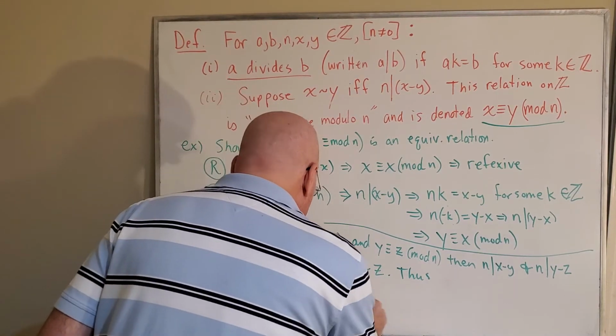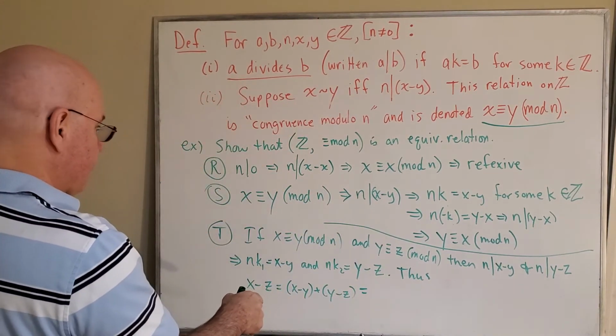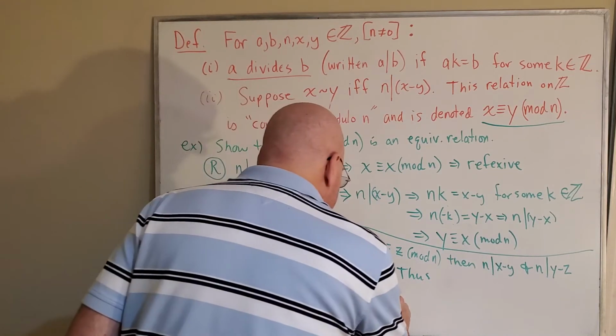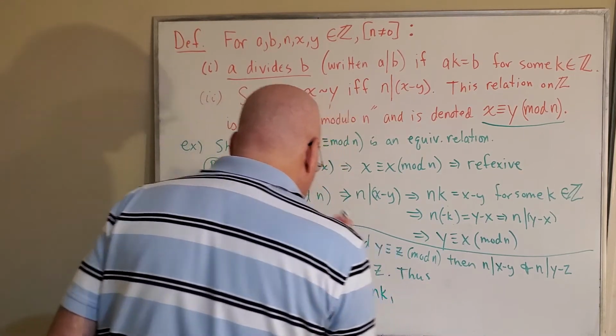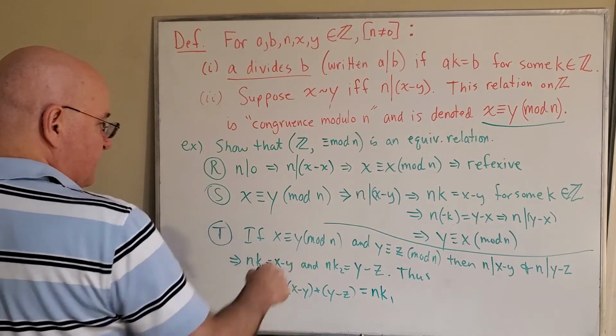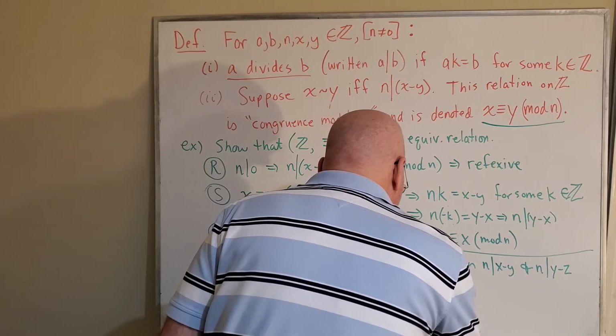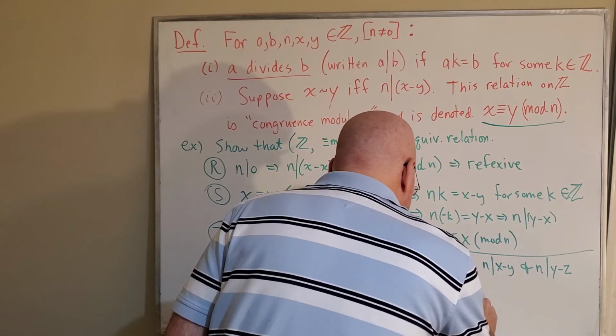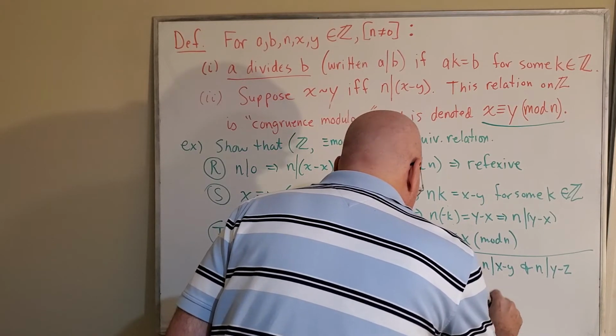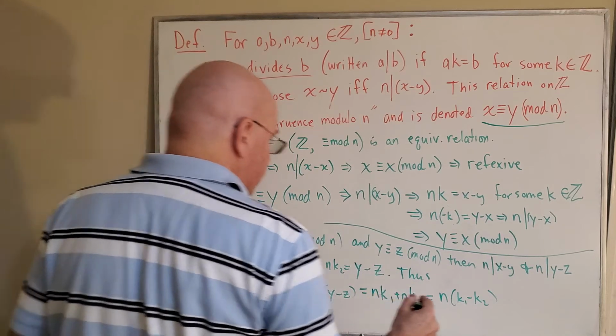And what is that equal to, though? x minus y is n times k1, and y minus z is n times k2, which is n times k1 plus k2.